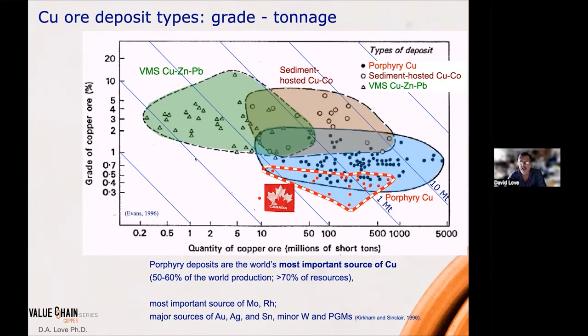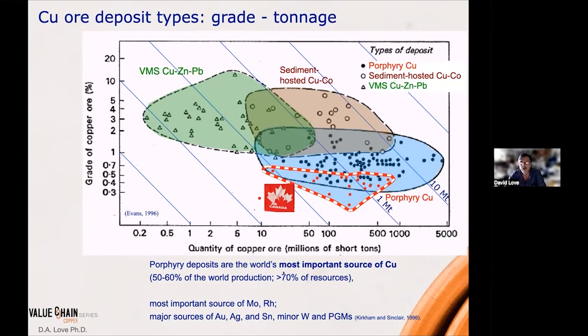What you can see right away is that porphyry copper deposits are bigger but lower grade. VMS deposits are significantly richer and significantly smaller, and somewhere in between, ideal perhaps, are sediment-hosted copper deposits, which can be both big and rich.